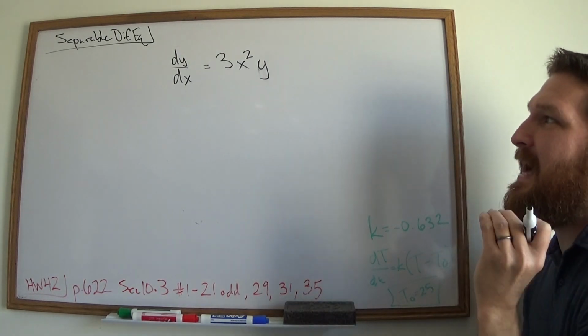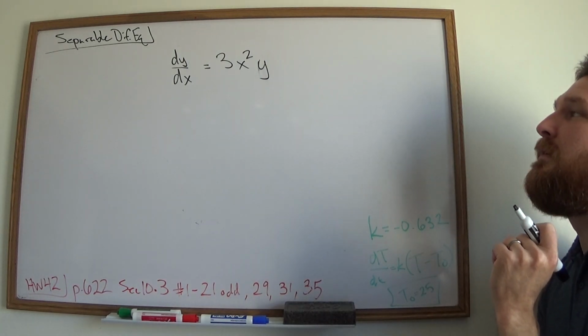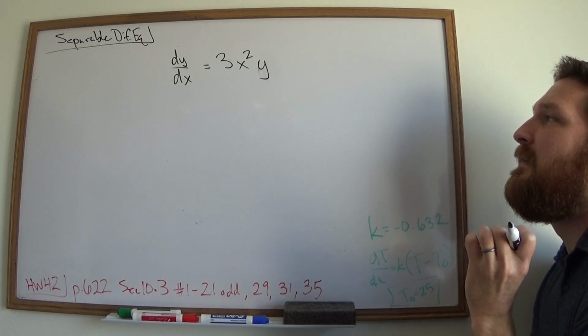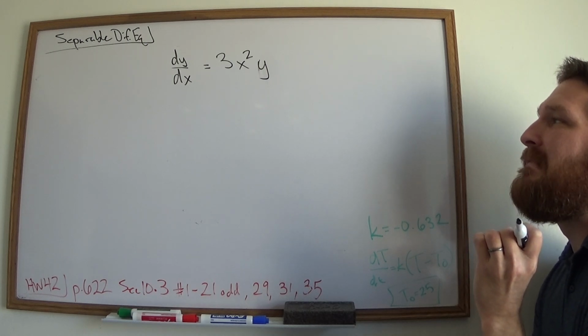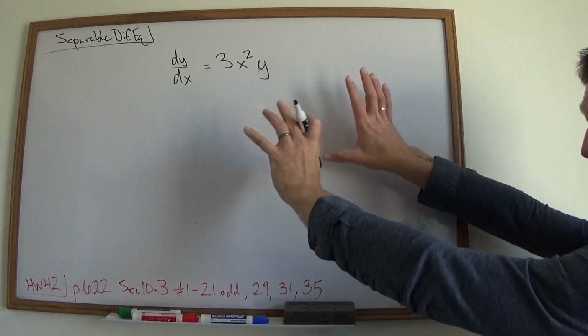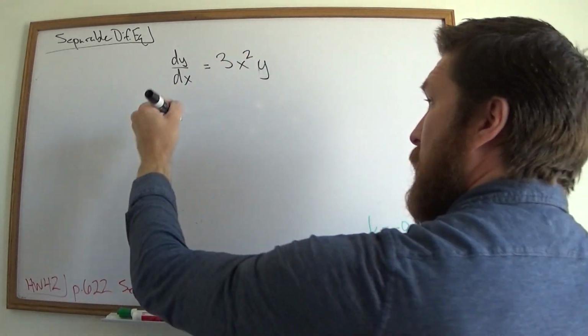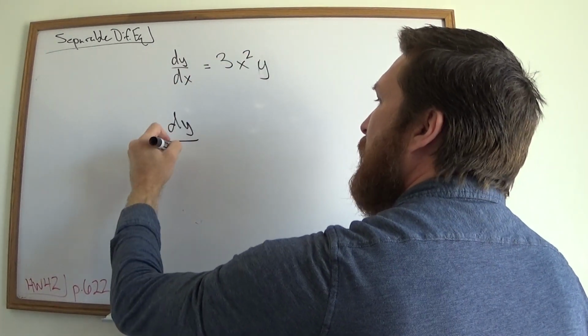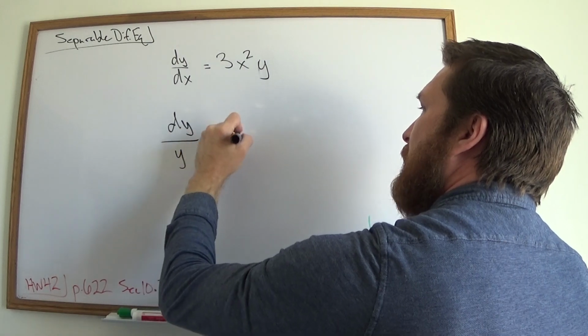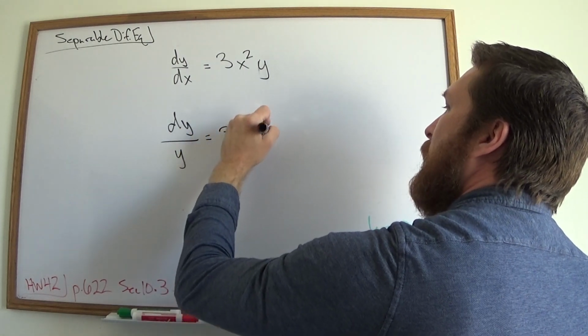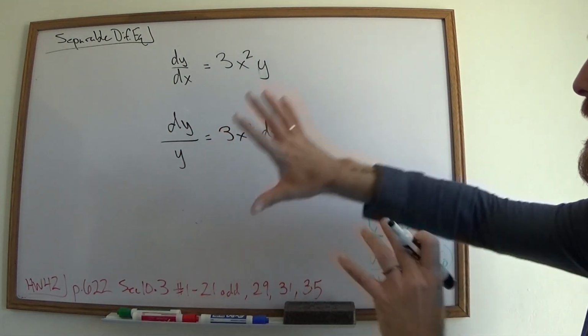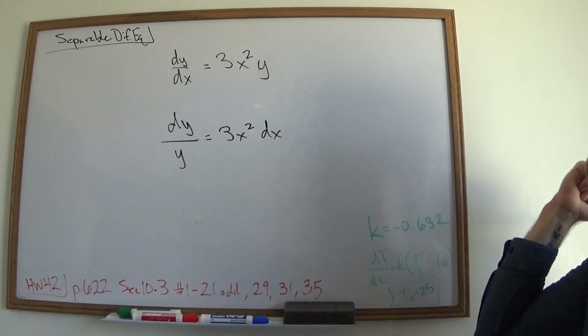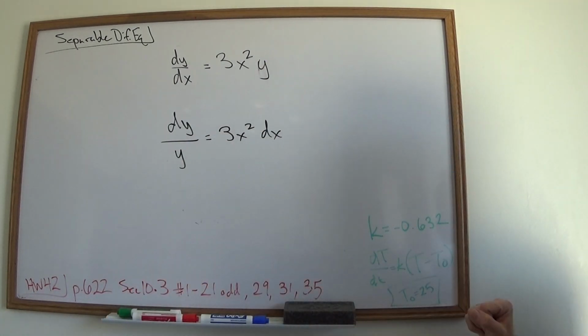Is that differential equation separable? Yes, because again, we could get all the y's on one side. That's your only question here. The very first thing you ask yourself whenever you have a differential equation is, can I get all the y's on one side and all the x's on the other? If so, you're good to go.